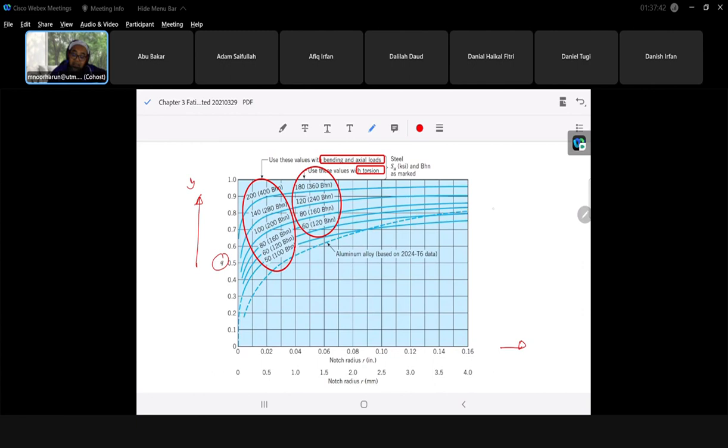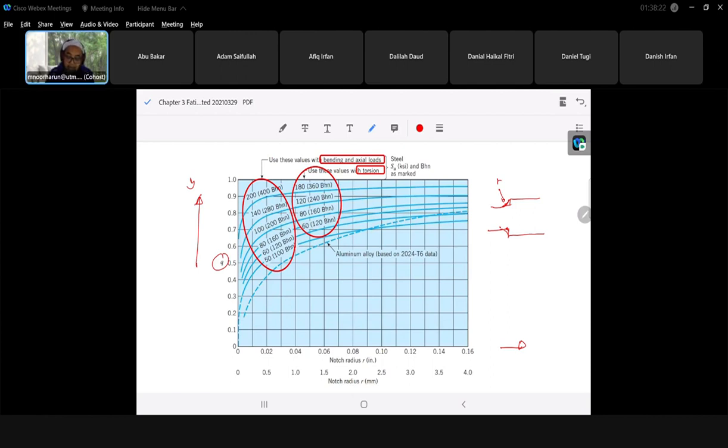Notch radius means if this is a shaft, normally the design of the fillet is not like this. Because this is the stress concentration, it has the fillet, it has the value of radius. So this is the R value. Notch radius.